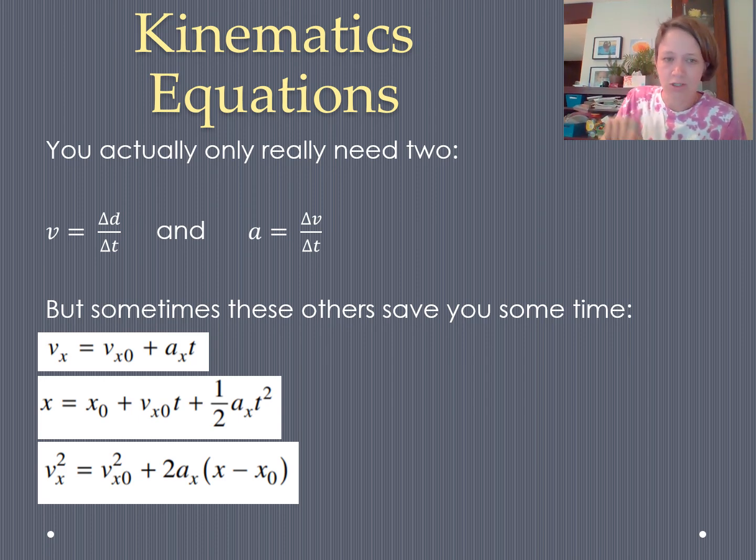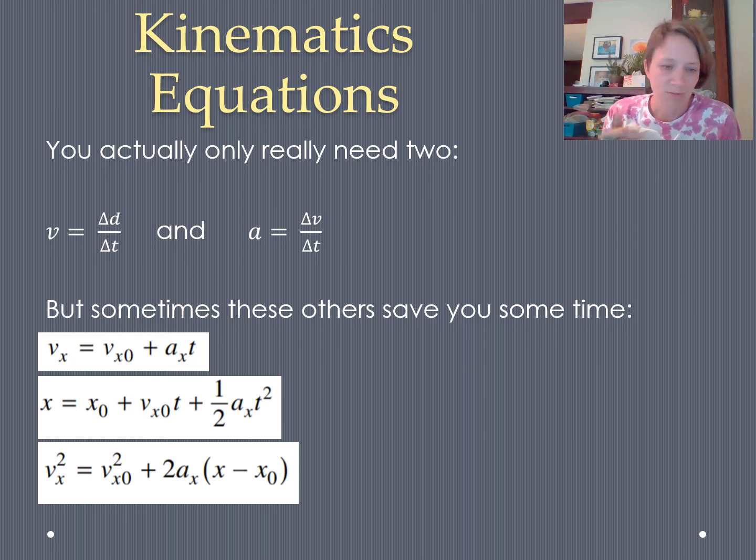Three of them are shown. The 4th is just that top definition, that velocity definition, which is distance over time. So the equations that they give you are Vx equals Vx0 plus axt. And if I was reading that in more colloquial terms, I would say the final velocity of an object is equal to the initial velocity of the object plus the acceleration of that object times time.